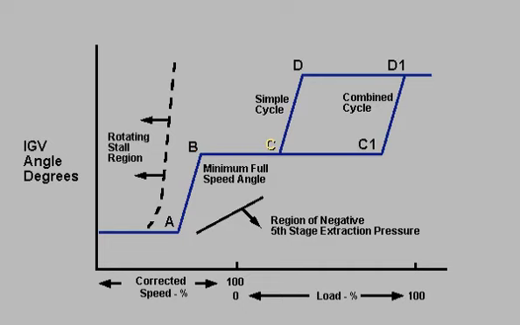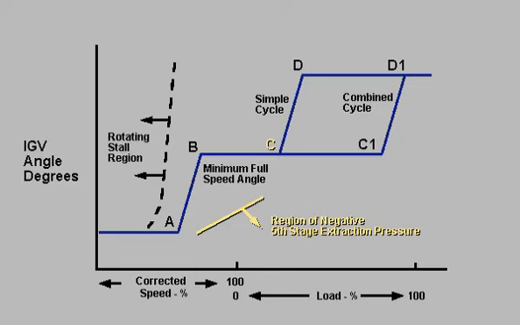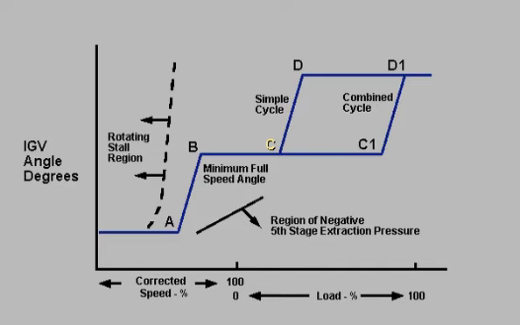This partial load position of the IGVs prevents operation which would result in negative pressure at the fifth stage extraction. In simple cycle operation, the IGVs will reach full open position at point D. In a combined cycle, they will remain at minimum full speed angle until point C1, then reach full open position at point D1.